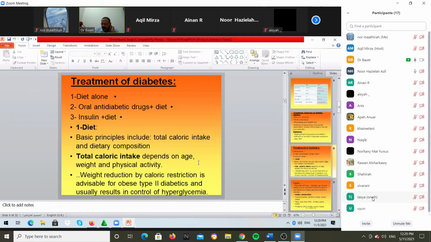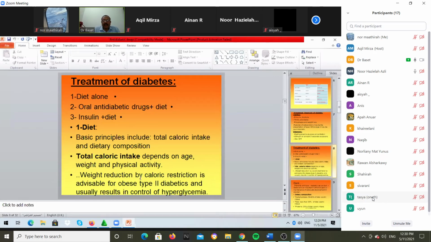So this is number one. Who can determine this? A physician who has good experience, or those whose job is to be a dietitian, can also determine this total caloric intake.